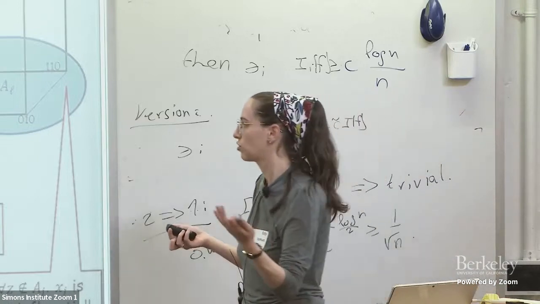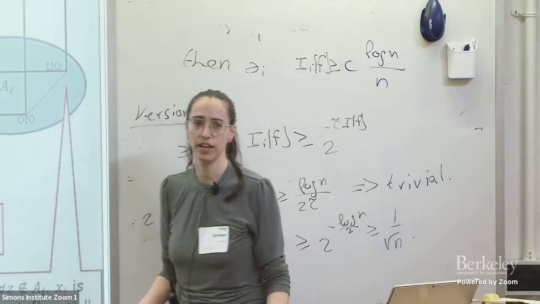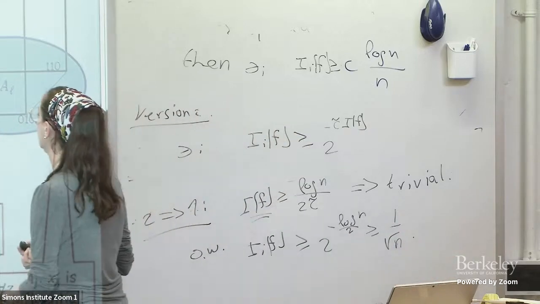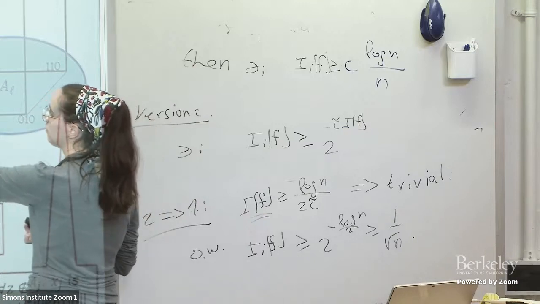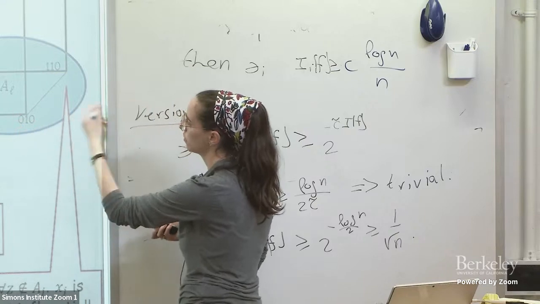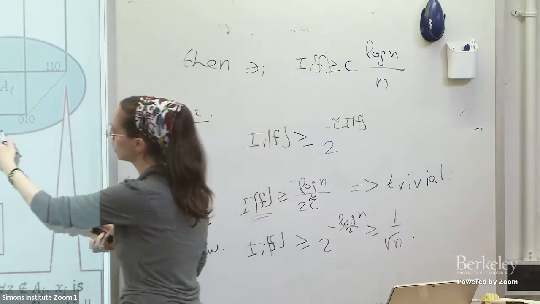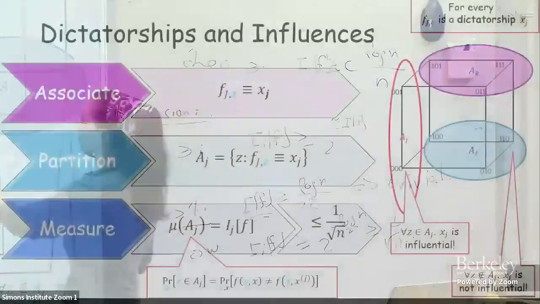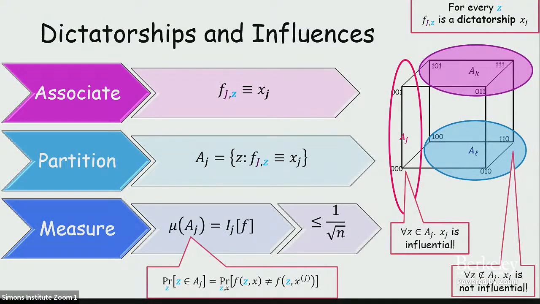So how can we show that the total influence is large? We have to find the influential edges in the cube, where they hide. We talked about the edges inside the partition, inside the subsets A_j, A_L. So we are left now with the edges in between.